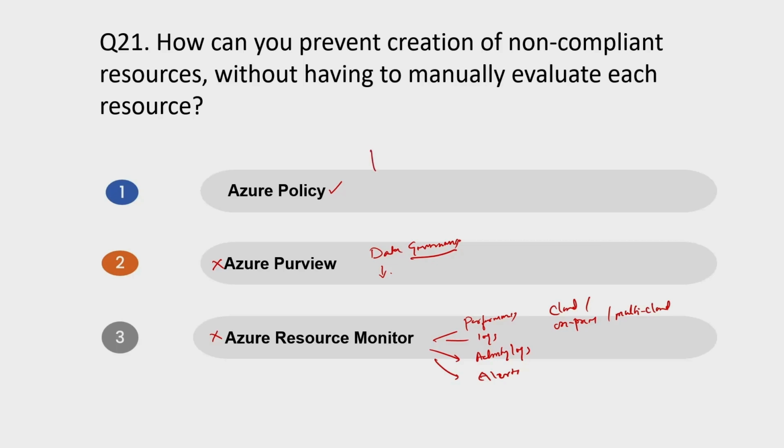Using Azure Policy, we can actually define what kind of virtual machine size we can deploy, in which region we will be able to deploy, what are the OS types we will be able to deploy, and which location we can use to deploy the resources. Using Azure Policy, we can actually set the policy, and we can control our cloud infrastructure.